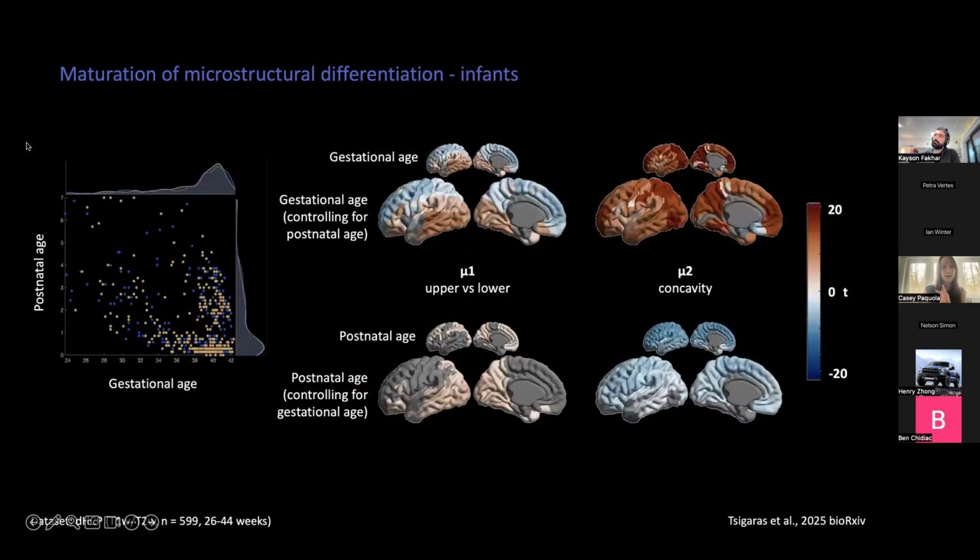And the last study I want to highlight was just something from my PhD students. It's up on bioRxiv at the moment, where we looked at baby brains in the dHCP.